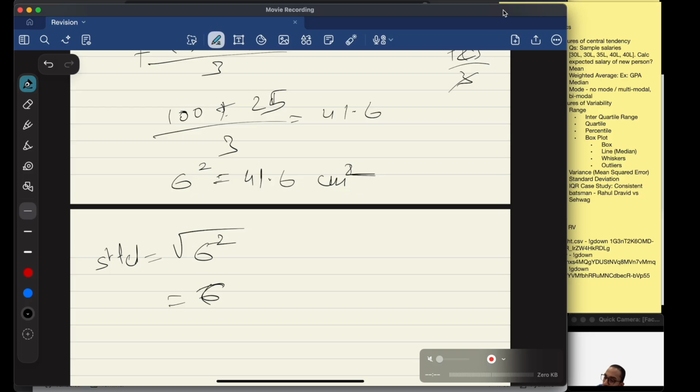Variance is sigma square, so the square root of sigma square is sigma. That is all there is to it. So now the units will be centimeters, which is back to the standard units that the table has.